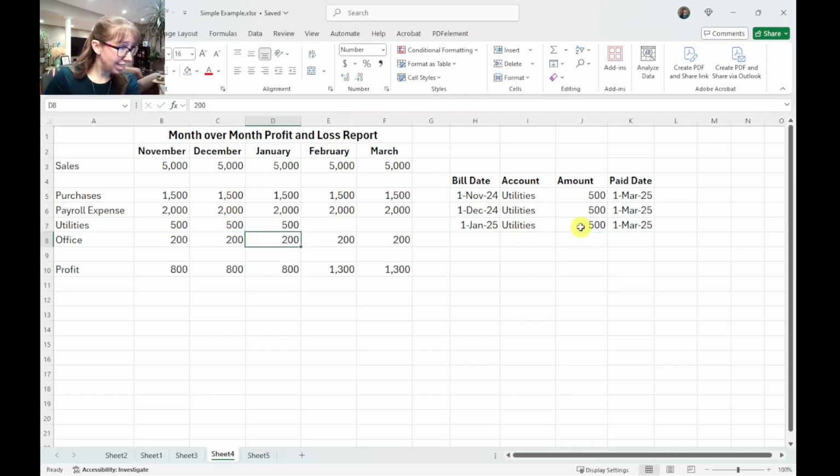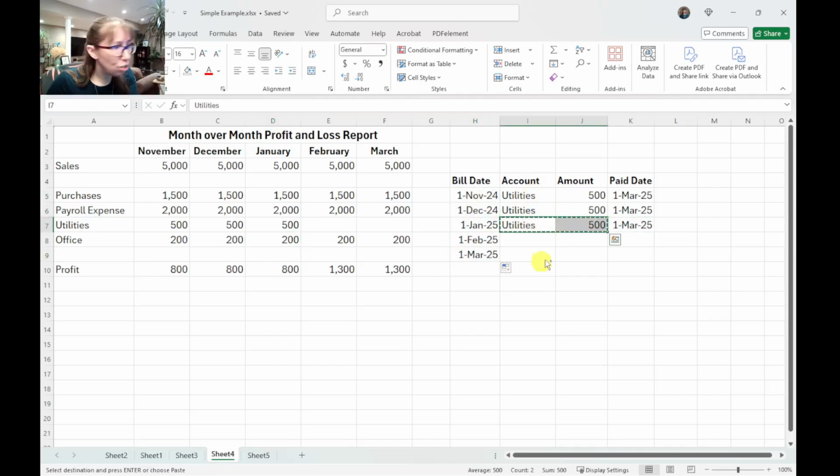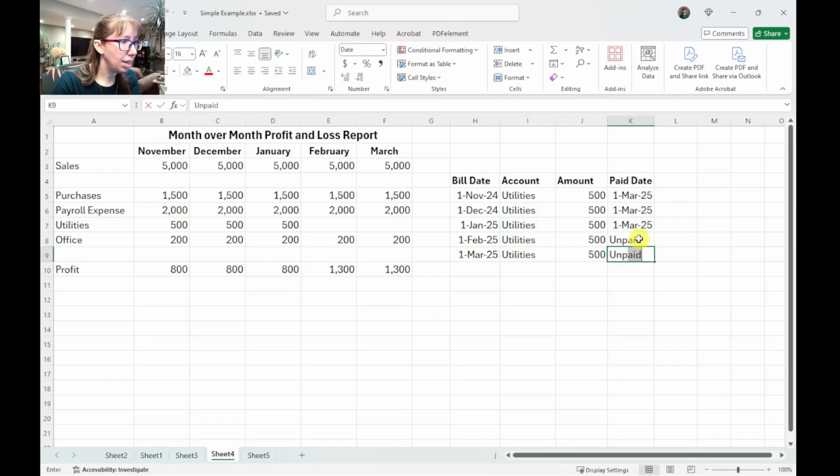In fact, you put the bills in even if they're not paid, right? So let's just extend this further down all the way until March. And let's copy these. And so these would be unpaid, but we would still add them to the bookkeeping.